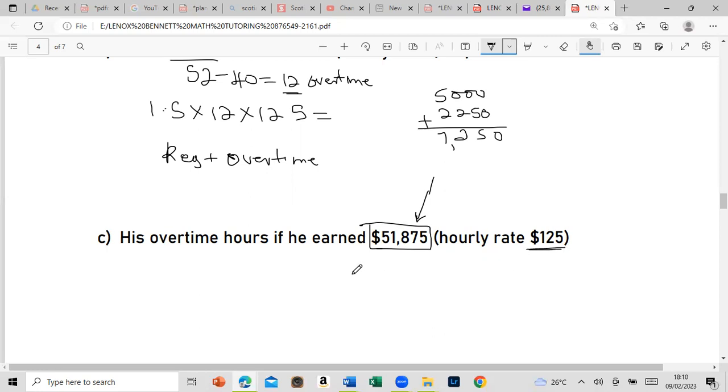What I did was kind of an algebra way, where I would make the unknown called h, right? And the first thing I'd have done was to subtract 5,000, which is his normal pay, from 51,875. That makes sense, right? Because we know the regular pay is going to be 5,000, so everything after it would be overtime.